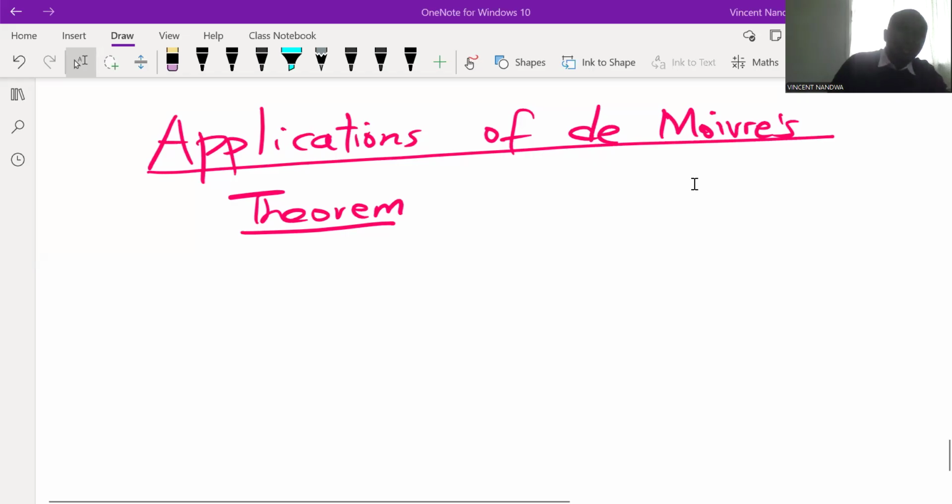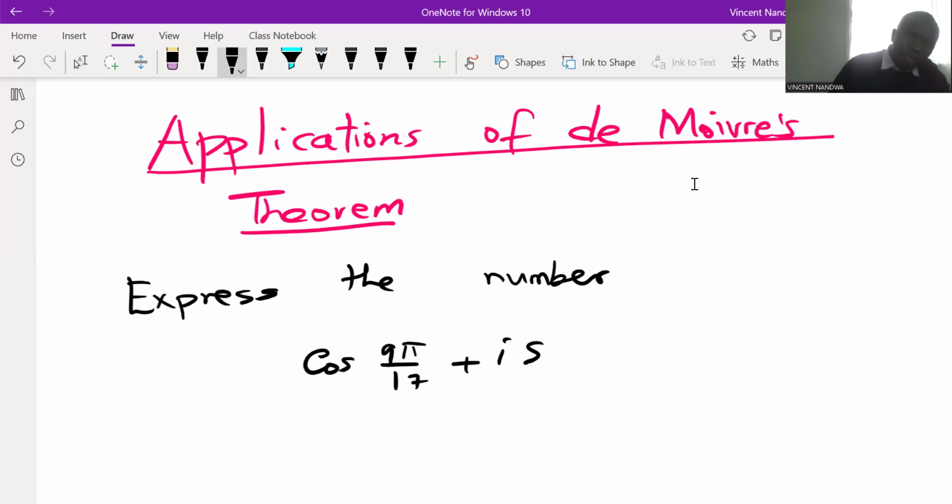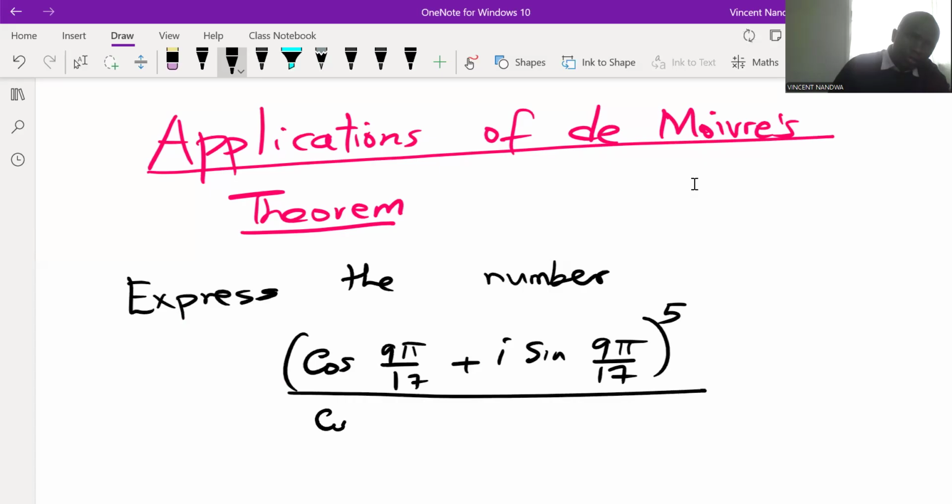So express the number cos 9 pi over 17 plus I sine 9 pi over 17, everything raised to power 5, divided by cos 2 pi over 17 minus I sine 2 pi over 17.